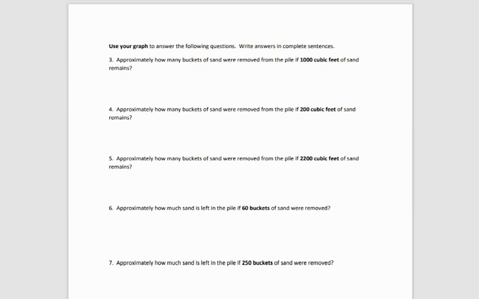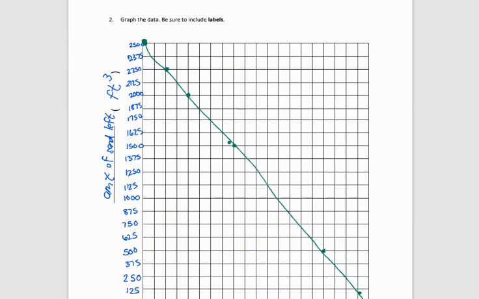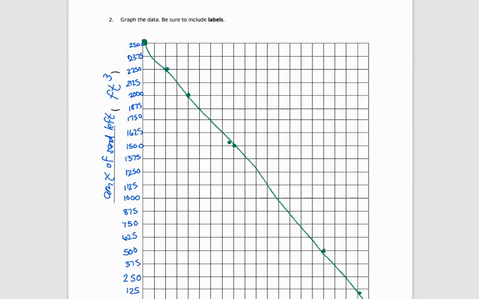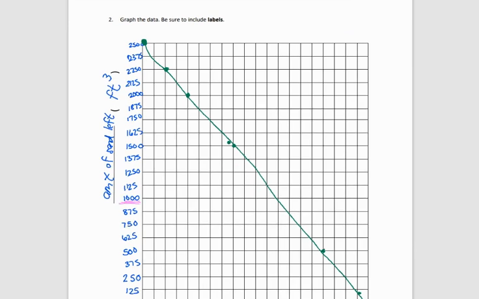So for number 3, everybody look at the screen real quick, and then you can go back to your work. It's saying how many buckets if there's 1,000 cubic feet. Well, since they give you 1,000 cubic feet, that's on the left. So I go over to where I see 1,000 on the left, because that's what they're giving us, and I find that on my green line.